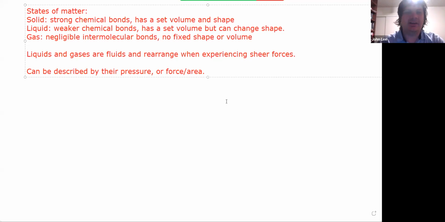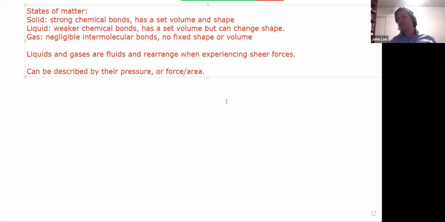Since they don't have a set shape, you can find different properties of the material than you would if it was a solid and had a set volume and shape.